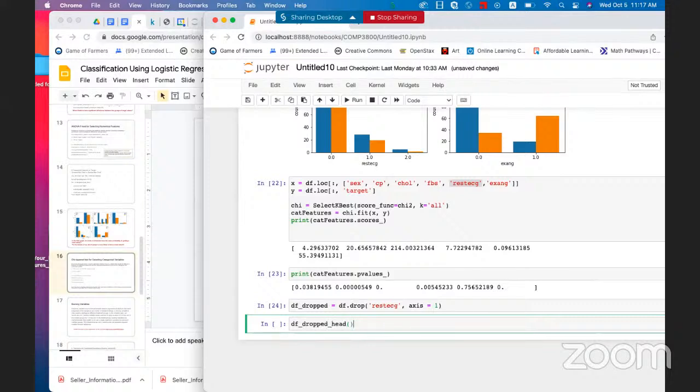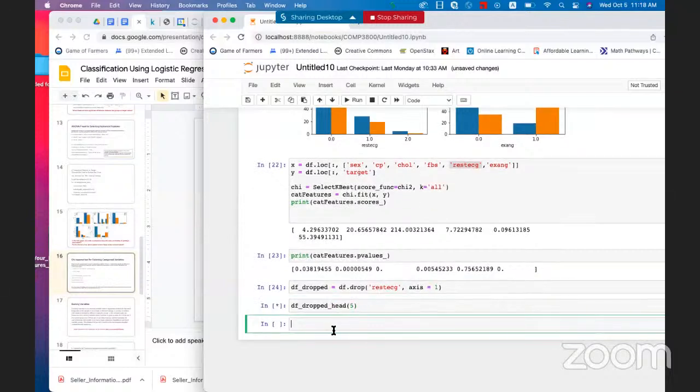Always verify the result after you finish one step.